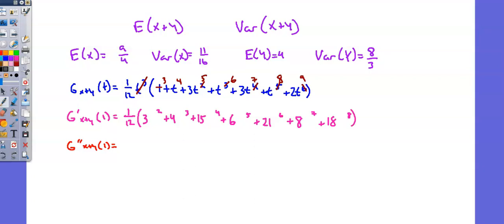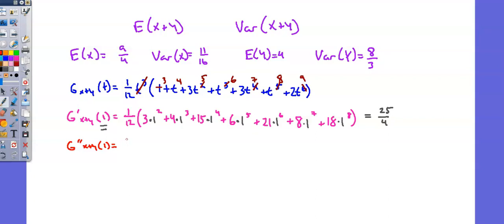And here I will replace those t's with my input of 1. So 3 times 1 squared, 4 times 1 cubed, 15 times 1 to the power of 4, etc., which simplifies to 25 over 4.